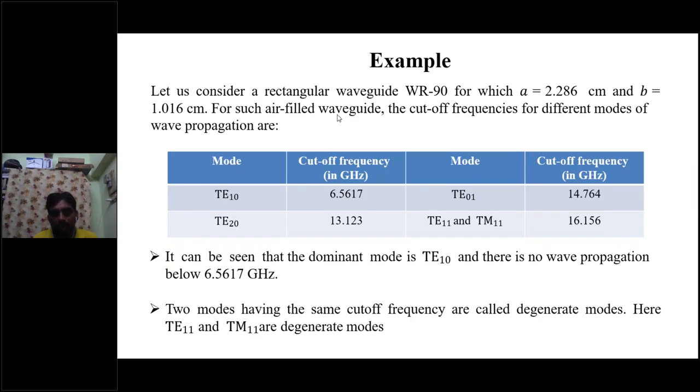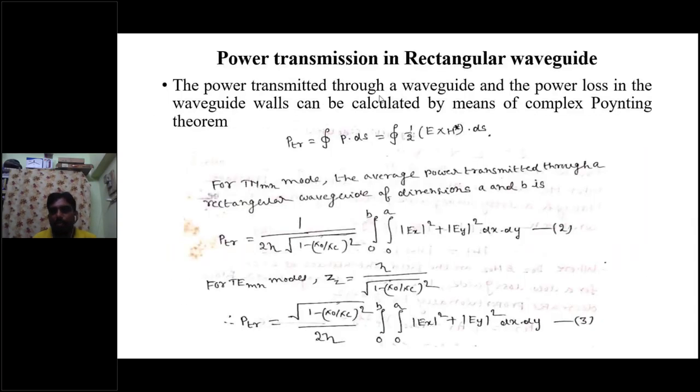Definitely we get one essay question from the solution of equations we observed previously: Ex, Ey, Ez, Hx, Hy, Hz. And similarly, for these waveguide parameters you get a problem, or sometimes they ask for the mathematical expressions. Coming to the last part, power transmission in a rectangular waveguide. You already know that in basic electromagnetic analysis, power is calculated according to the Poynting theorem.